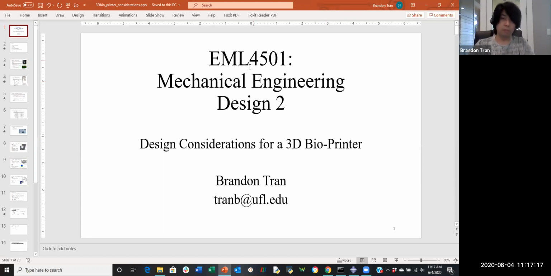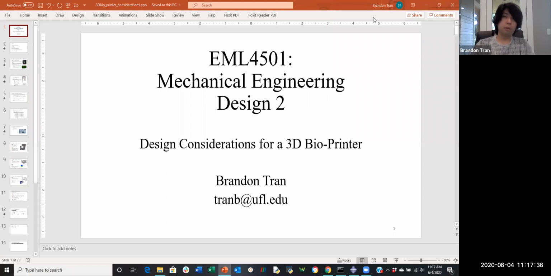But in the meantime, today what we're basically going to go over is the design considerations for your 3D bioprinter. Dr. Charles, did we already tell them that they're doing a 3D bioprinter? Okay. So we're going to go through the design considerations for the 3D bioprinter.